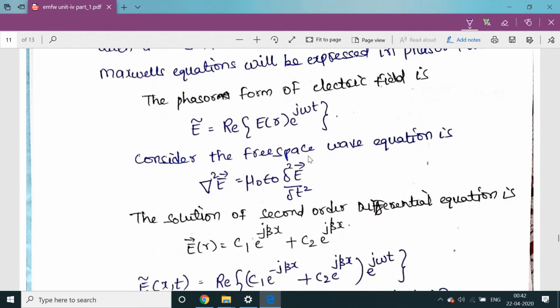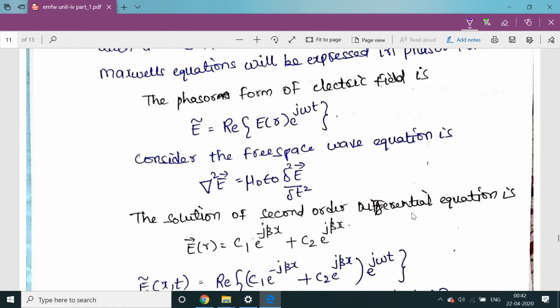So again we'll consider the free space wave equation, that is del square E is equal to mu naught epsilon naught dou square E by dou t square. Since here it is e power j omega t, the solution we take in terms of e power, so that we can solve this equation.